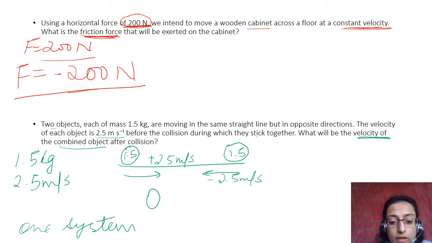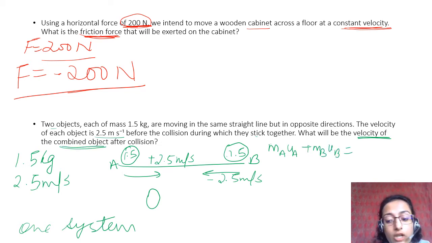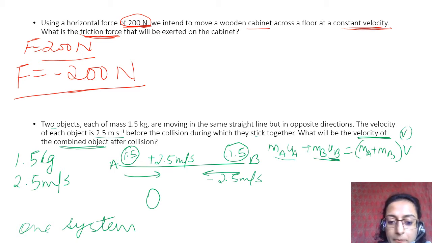Or you can also do it like this. You can say this is object A, this is object B. So m_A u_A plus m_B u_B is equal to, since it is the velocity of the combined object, we can use only one V as the velocity of both these objects together. So (m_A plus m_B) into V. Here u_B is minus.